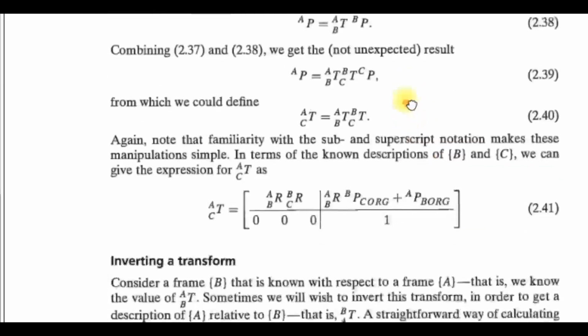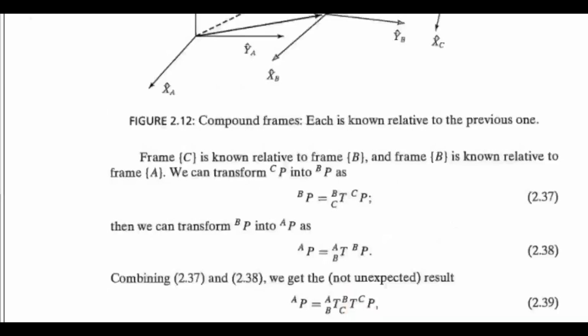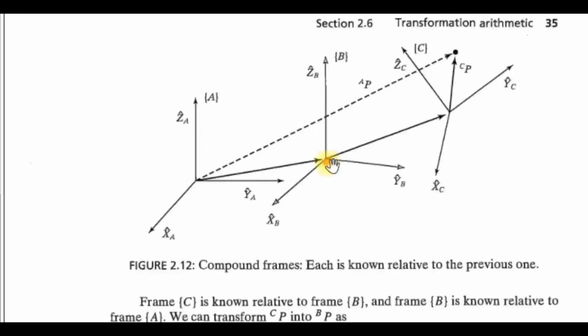Look at A to B origin. Here the translation as well as rotation. So the rotation matrix of C with respect to B.